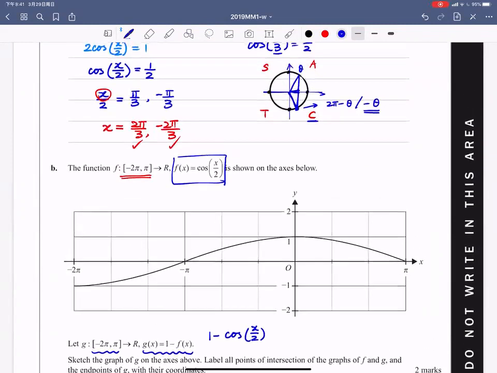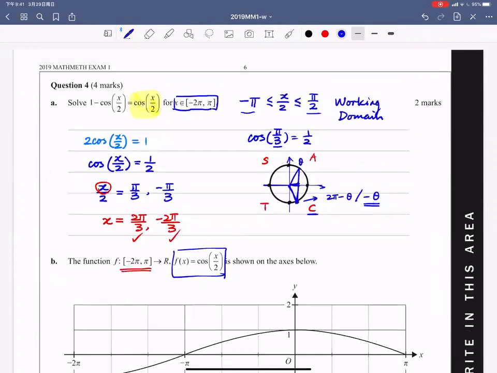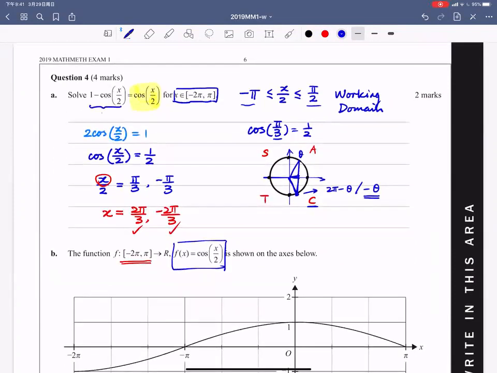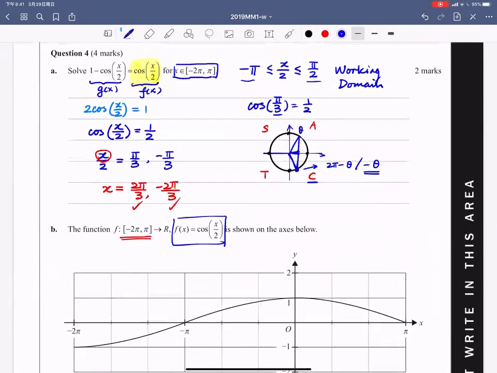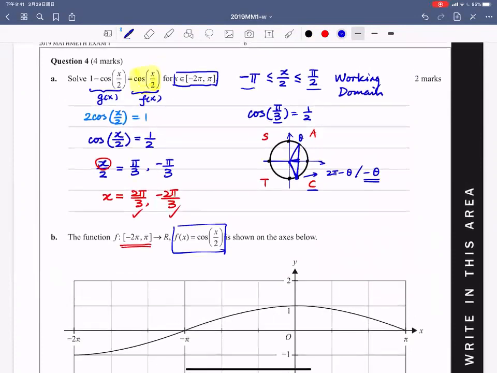If I'm trying to make a connection between g of x and f of x, this is your g of x, and this is your f of x. So part A, what we are doing in part A is actually looking for the x coordinates for the point of intersection between f and g.